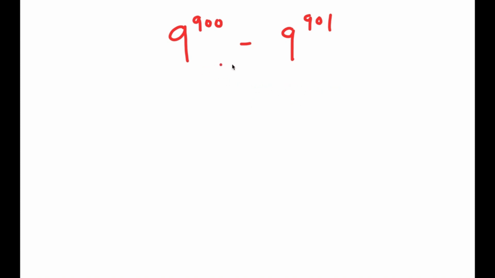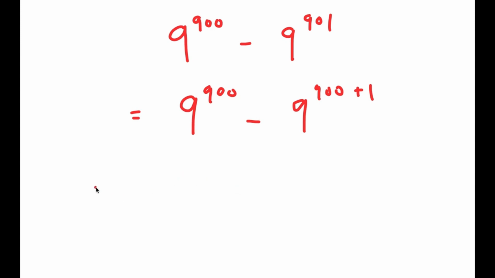Well, 9 to the power of 900 is actually a factor of 9 to the power of 901. So all we have to do is rewrite 9 to the power of 901 as something times 9 to the power of 900. Well, we can use properties of exponents to do this. So I'm actually going to rewrite 9 to the power of 901 as 9 to the power of 900 plus 1.